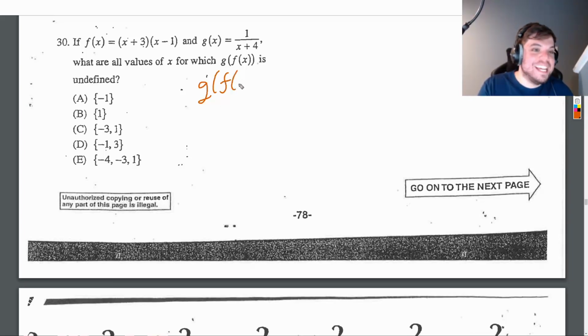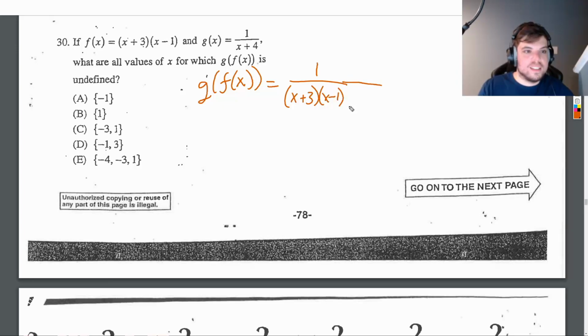So g of f of x is 1 over (x plus 3)(x minus 1) plus 4.